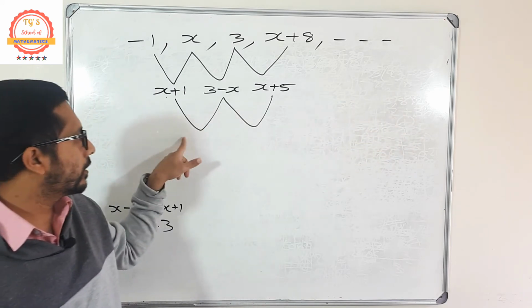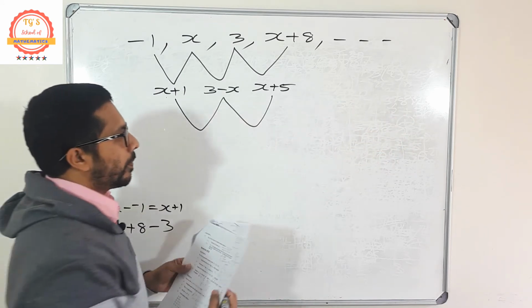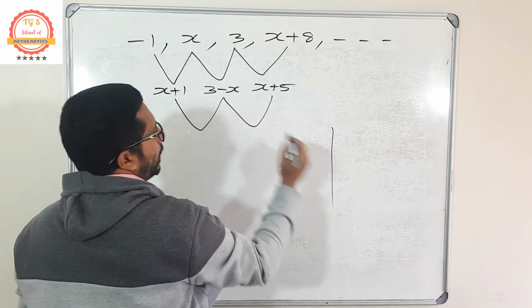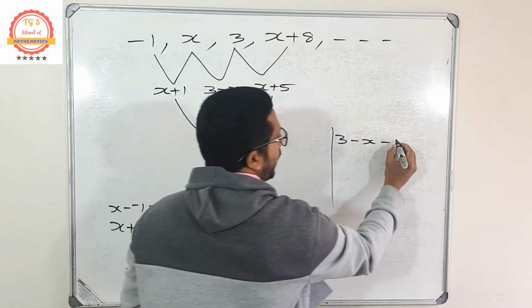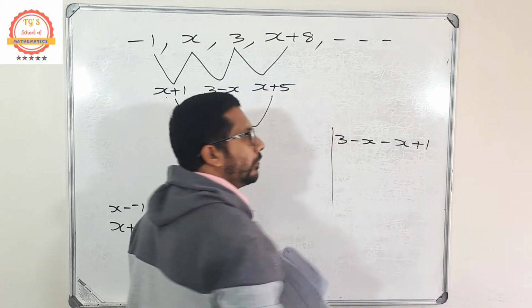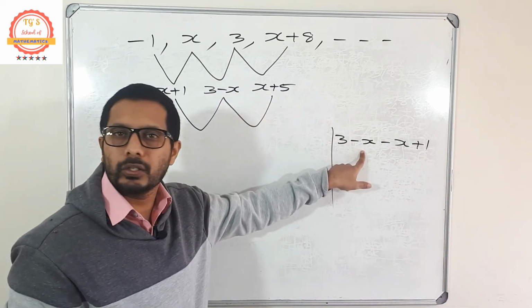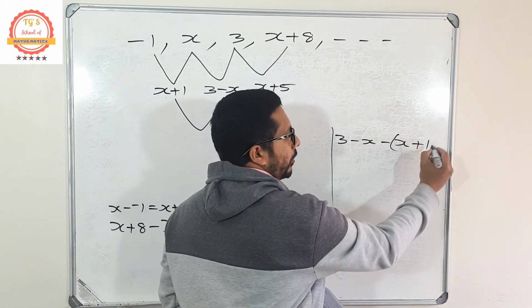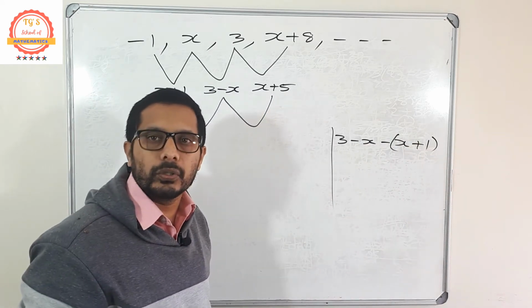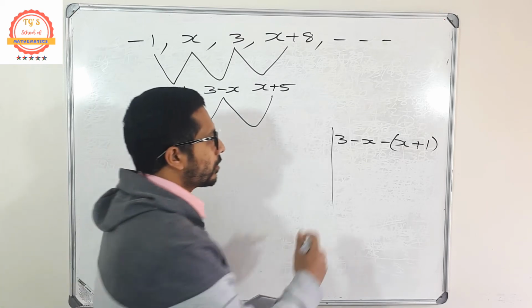How do you get this answer? What is the answer for 3 minus x minus x plus 1? Is it correct if I write like this? No, it is not correct. It is wrong, because this minus is common for both of these, so you must put a bracket.